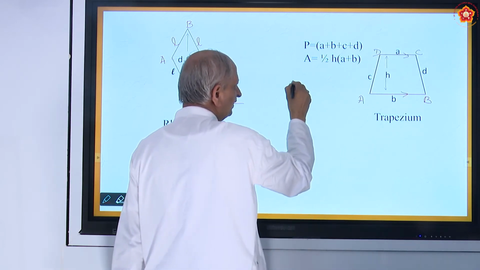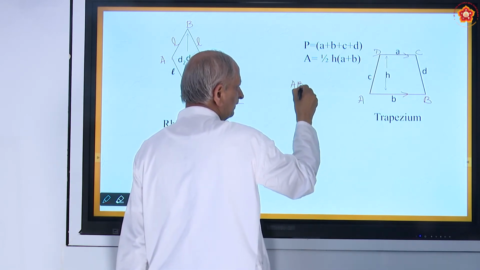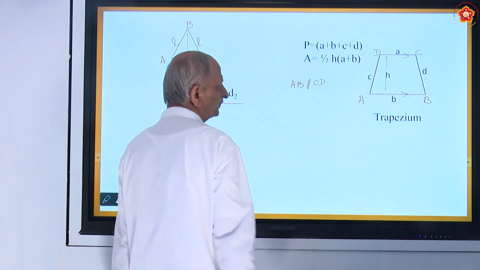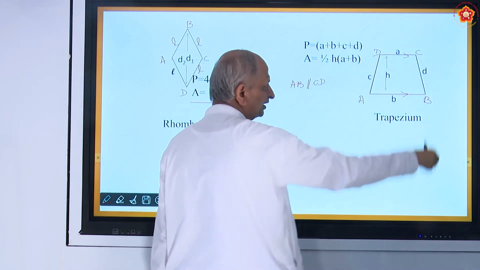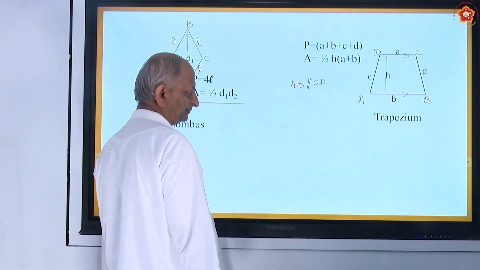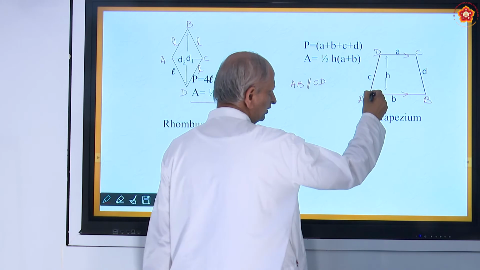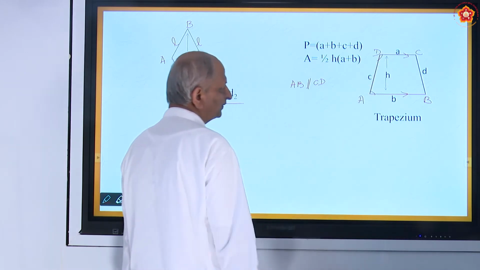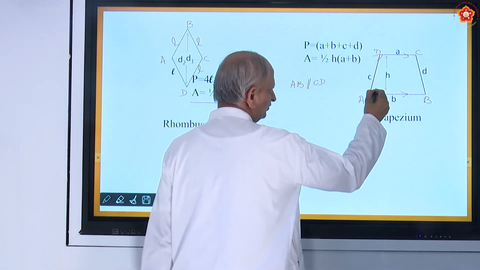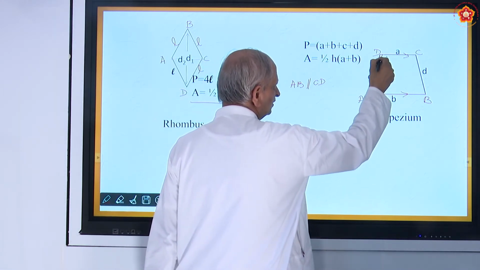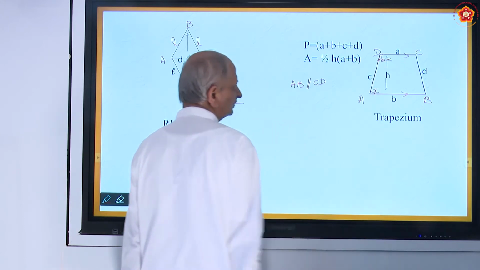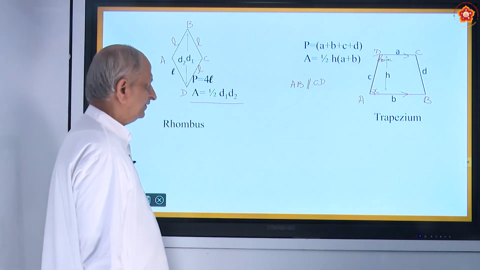Here side AB will be parallel to CD, and AD and BC are called non-parallel sides, and of course the sum of these two will be 180 degrees. So that is also there. Suppose you have x degrees here, this becomes 180 degrees minus x, they are called supplementary angles.